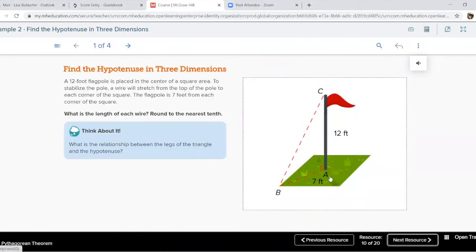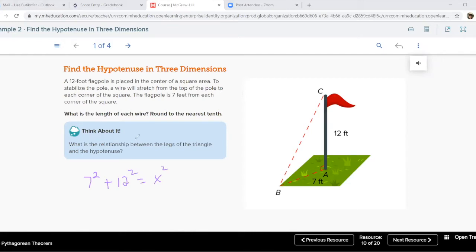All right. So now we still have a right angle, so we can still do it. It's exactly the same. You would do your a squared, which is 7 squared, plus 12 squared equals x squared or c squared. We can name it whatever we want to.